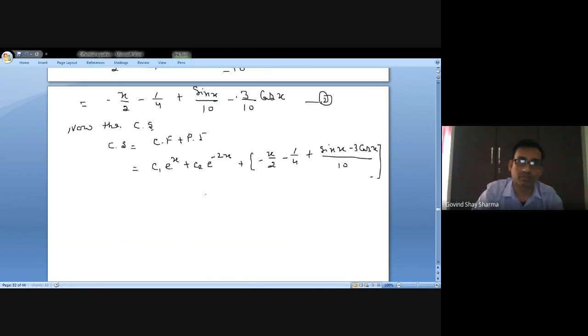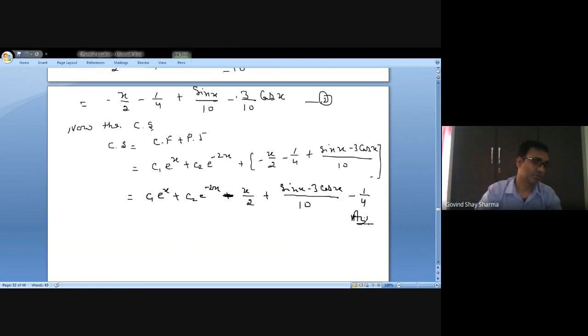So you can write y = c1 e to power x plus c2 e to power minus 2x plus (minus x by 2) plus sin x cos x upon 10 minus. This is the answer. You can see.